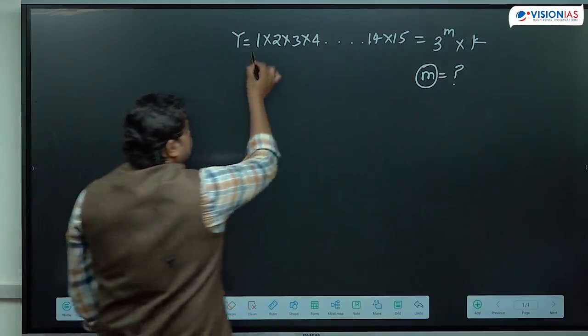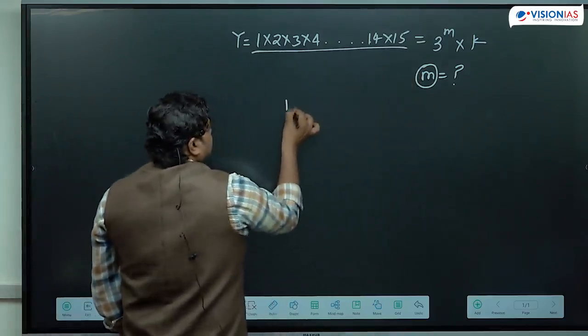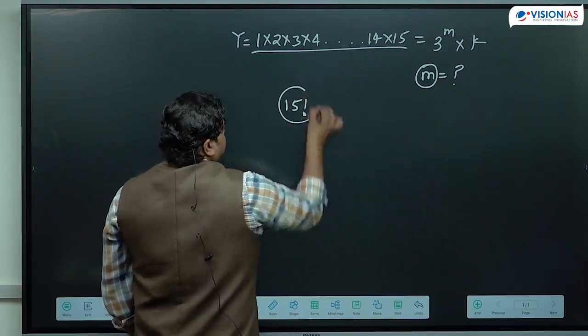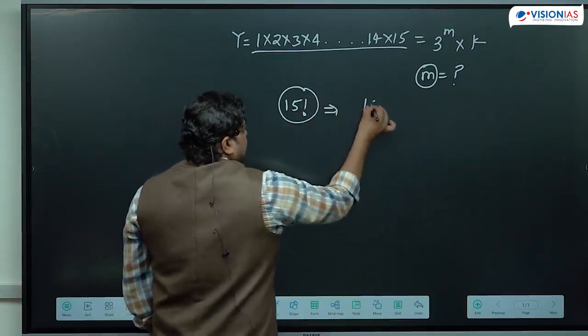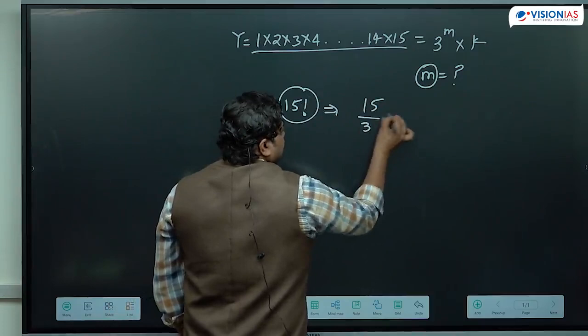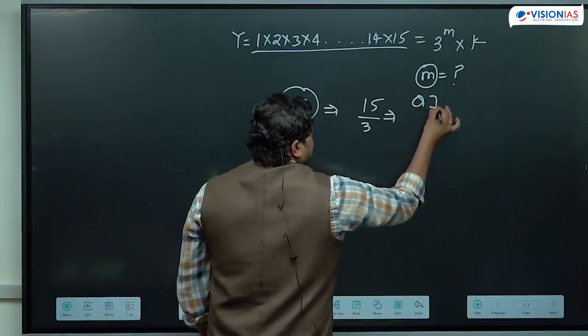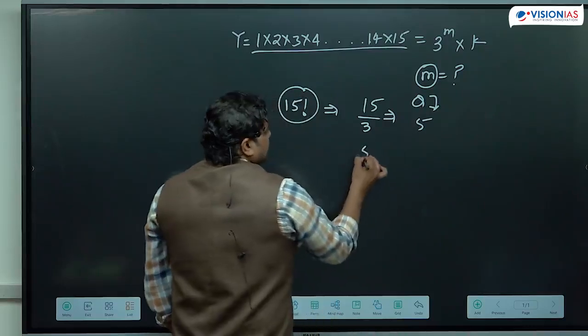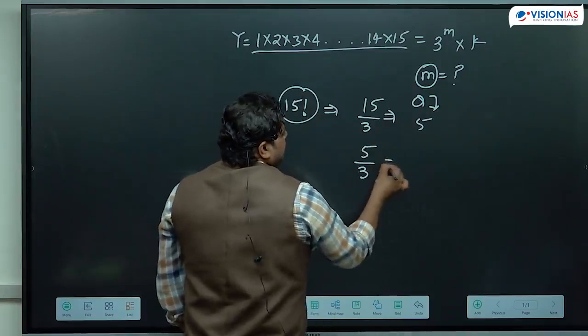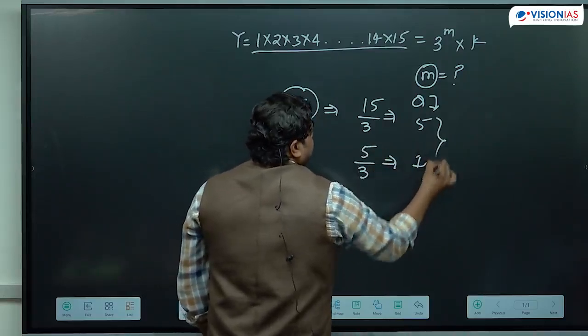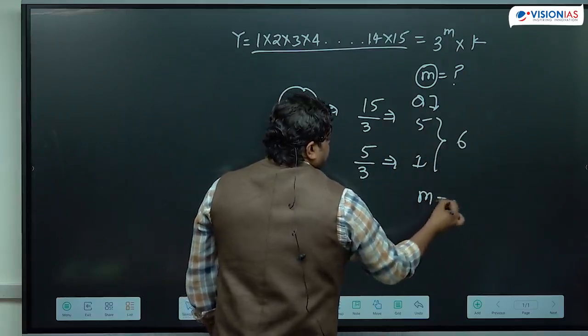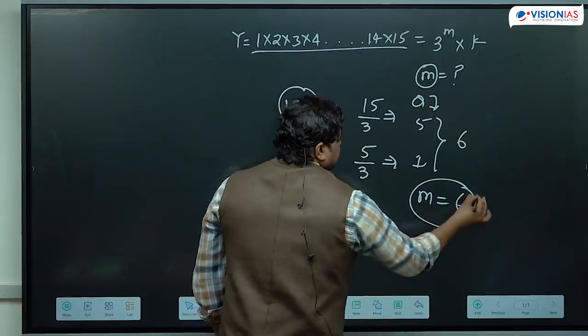So this is basically 15 ka factorial. So we can divide this 15 ko 3 se. We'll try to see ki what quotient we are getting. 5. 5 ko again we'll divide by 3, it is coming 1. So total 6. M की maximum possible value is 6.